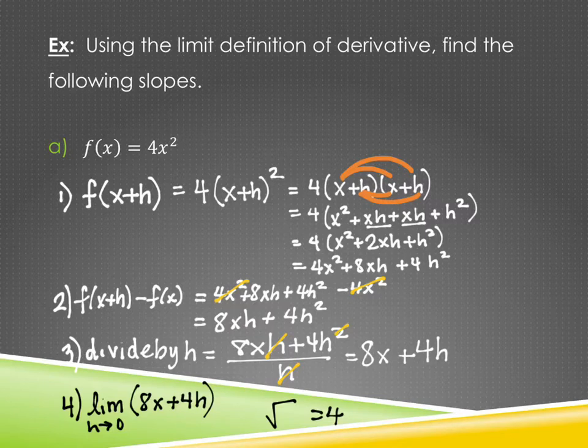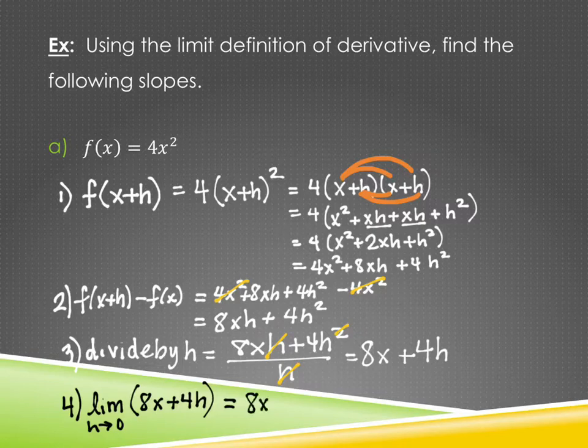It's got to be the square root of something that equals 4. The same thing is true for limits. It's the limit of something that equals something else. In this case, it's the limit of 8x plus 4h. But now we're actually back to what we did in, I think it was 1-3, where we're evaluating, if we can, and we will be able to at this point always, the h as the value 0.